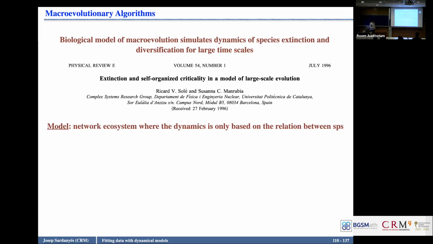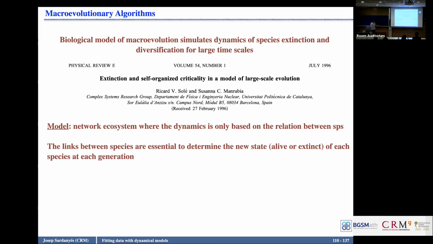And here what we consider is like an ecosystem where the dynamics of our species, that are our combination of parameters, are based on ecological relations. Now I am explaining it in a general way. Probably it will be difficult to understand, but then I will show you an example because we can do it in many different ways. And I will provide you a very simple way that works very well.